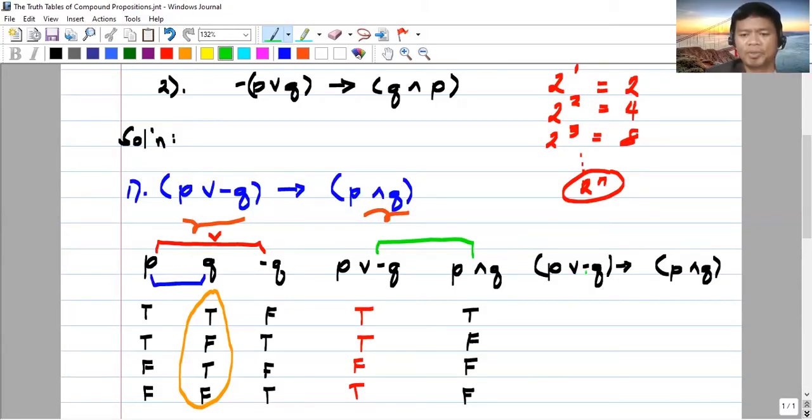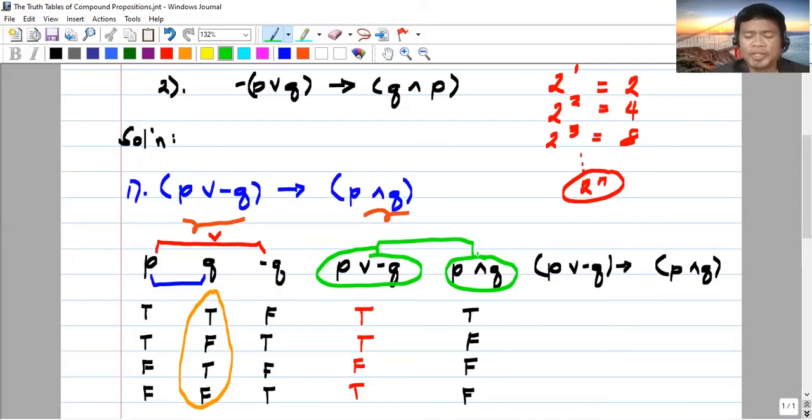Okay, if P or not Q, then P and Q. Okay, so we take the first here and the second. That's why it is very important that we arrange the parts of this compound proposition so we can easily determine the values of the compound proposition in the end.